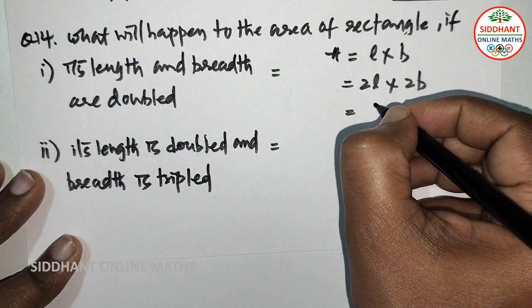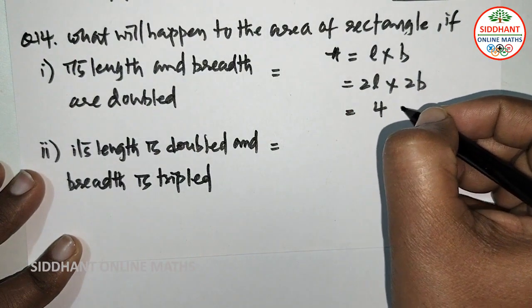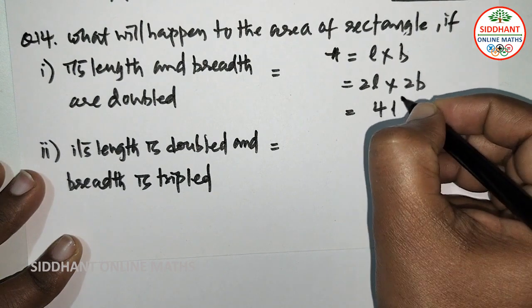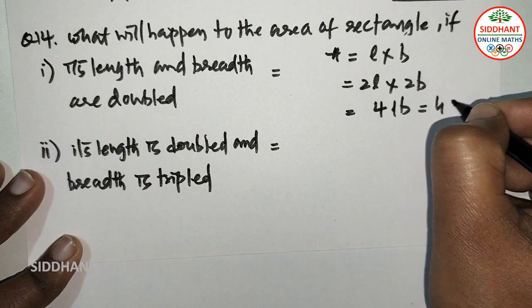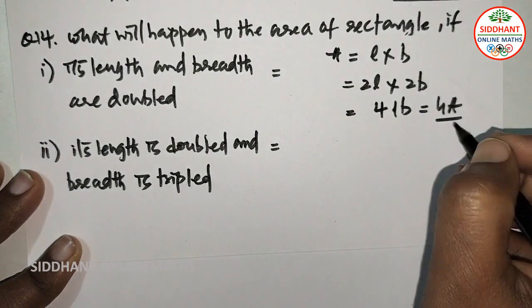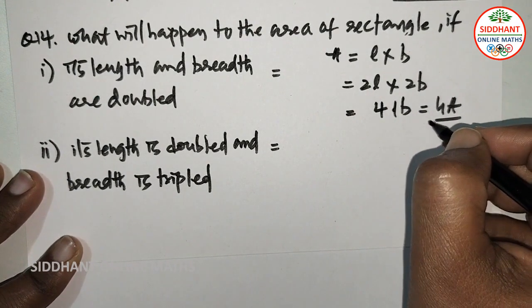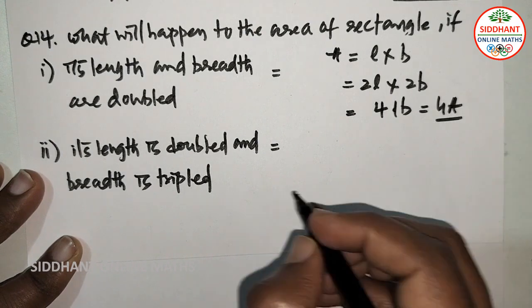Then area will be 4LB, that is equal to 4A. That means it increases by 4 times.